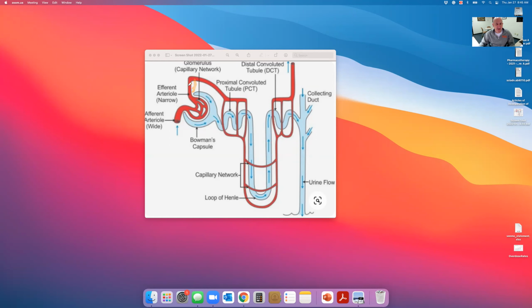So this area is gonna get bigger. This area is gonna get smaller. So NSAIDs up here, this is gonna get constricted. With ACE inhibitors out here, this is going to get dilated. And what you see is a compounded effect of decreased glomerular pressure in this area.